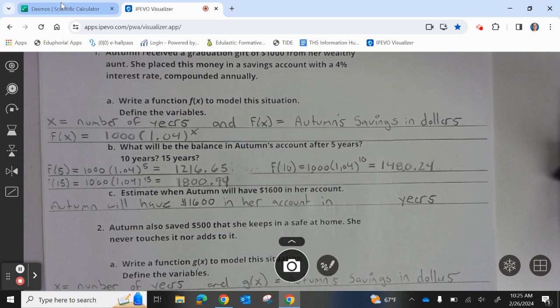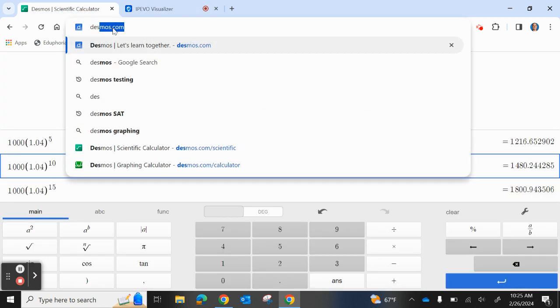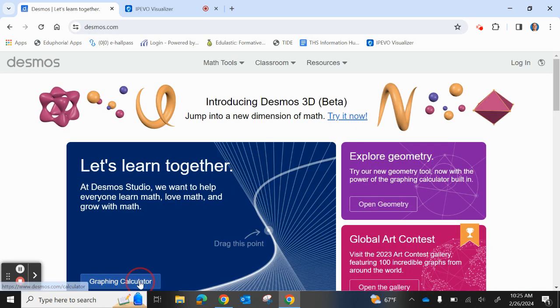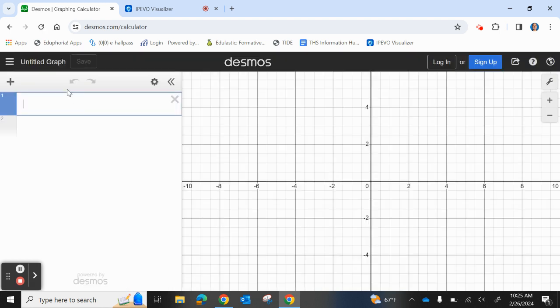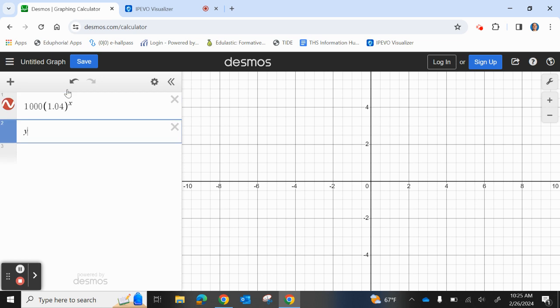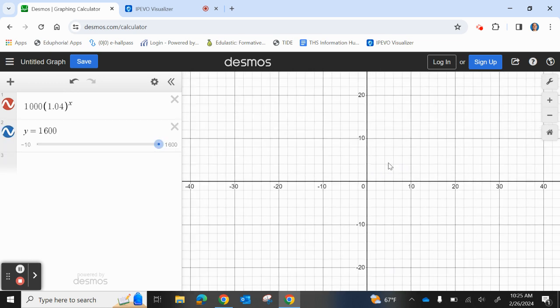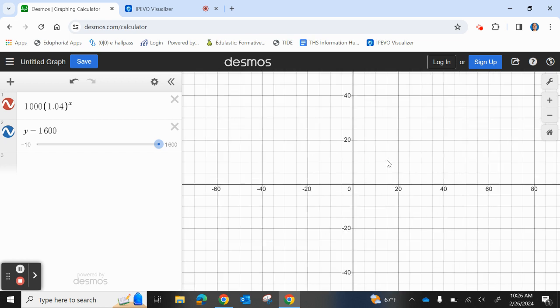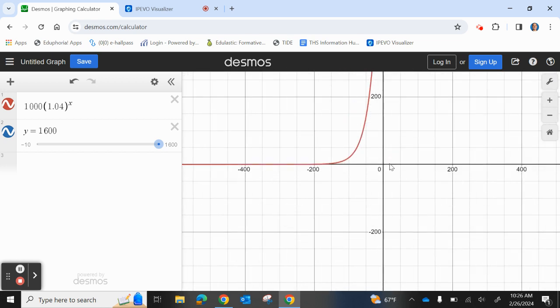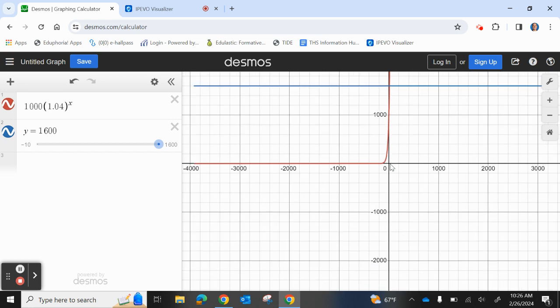All right, so to do that, we're going to need to go to Desmos again. Let's go to graphing. So first we want to graph our equation. And then we want to graph y equals 1,600. Now we're going to need to zoom out quite a bit to get to 1,600.